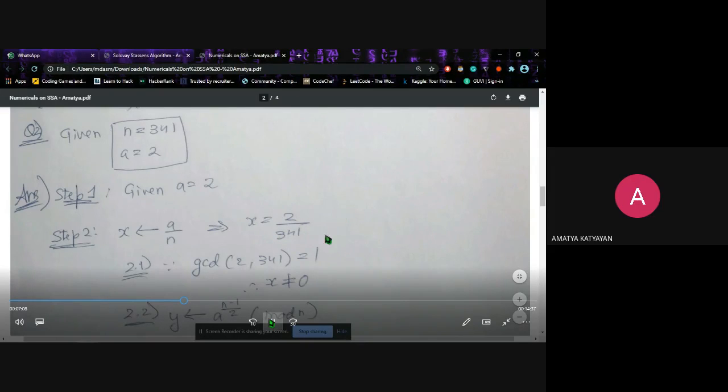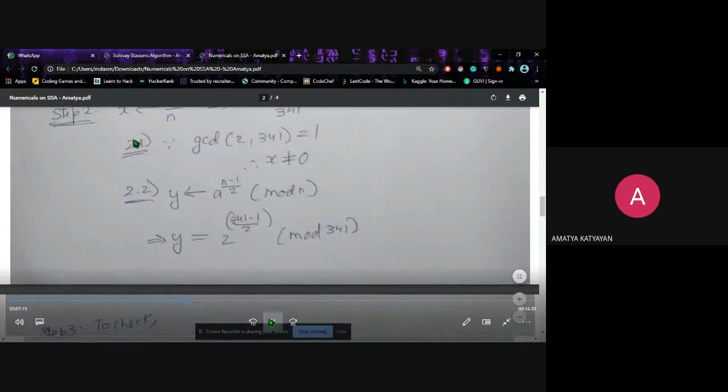This is our LHS that we have obtained. Now coming to the first part of step 2, GCD of 2 comma 341 is equal to 1, and since there is no factor in common except 1, therefore GCD of these two numbers is 1, implies x is not equal to 0. So we have checked our first condition, we proceed with the further conditions.